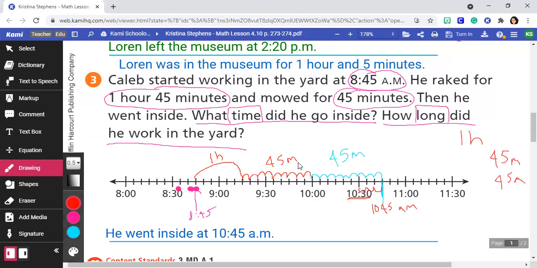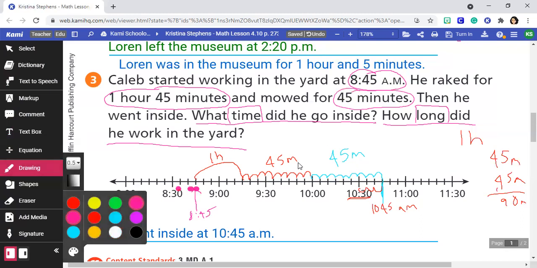Let's do that. So 45 plus 45 is 90 minutes. Do you know what the value of 90 minutes is in terms of hours and minutes? Well, I know there are 60 minutes in an hour. So if I split this apart into 60 and something else, I know that it would be 30 left over.